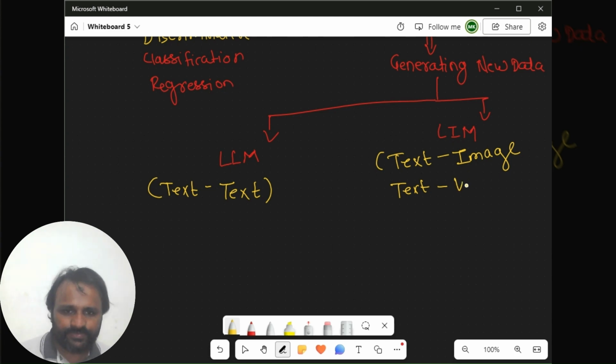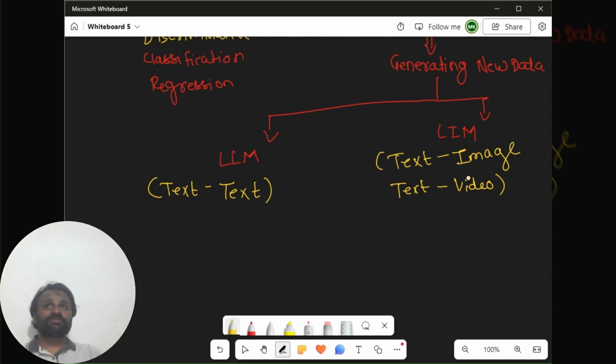For text to video, you write a prompt. Like Meta Llama 3, it is capable of generating an image; you have to pass the text.